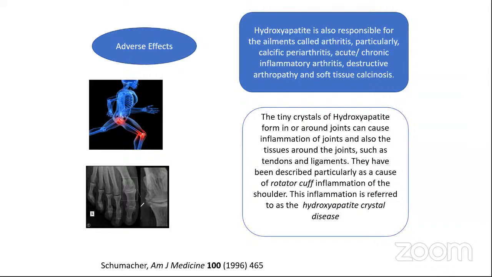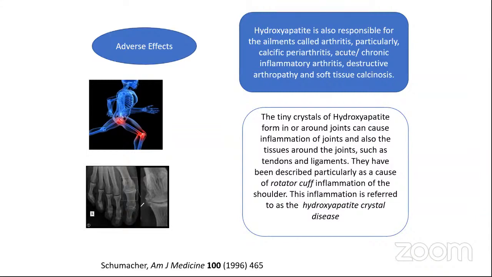This inflammation is referred to as hydroxyapatite crystal disease. So deposition of small hydroxyapatite crystals from our body fluid at the joints is causing the disease, and it is very painful. So we have to avoid the deposition of hydroxyapatite.